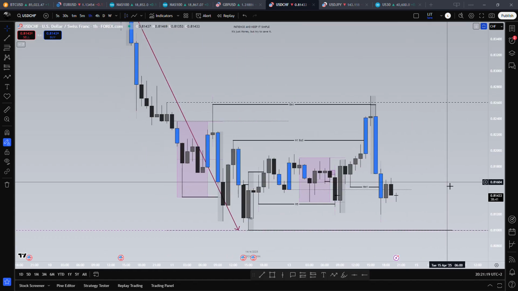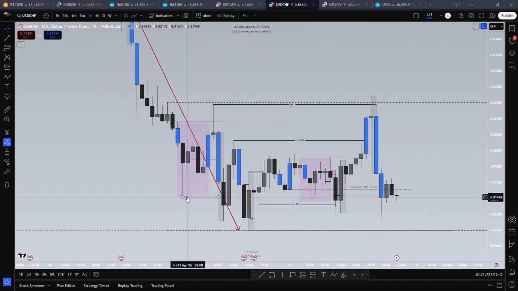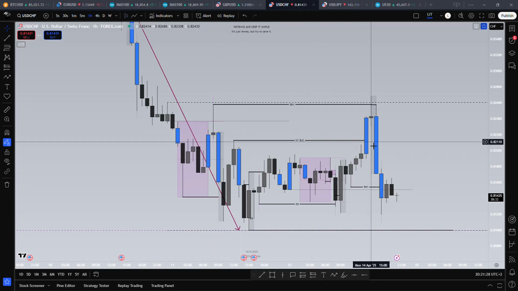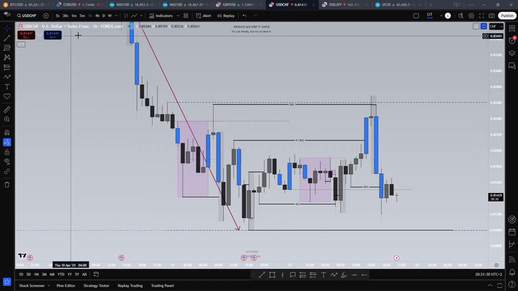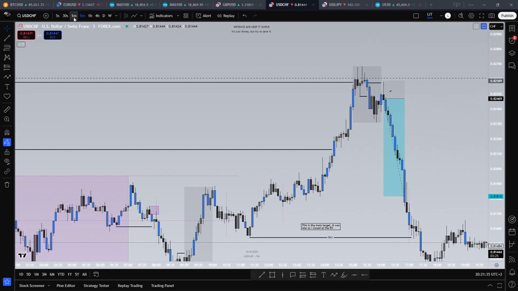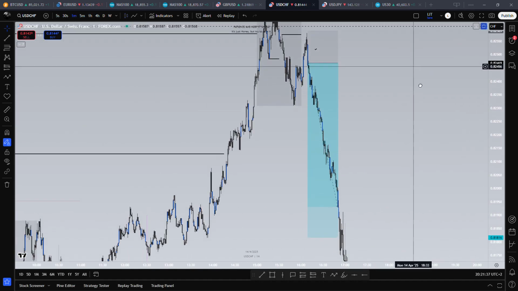So you can see on H1 we had this break here, and this was the relevant liquidity. We had this break here, and this was relevant liquidity too, but it didn't react. So here with the timing, it reacted. And then I looked for a sell here.